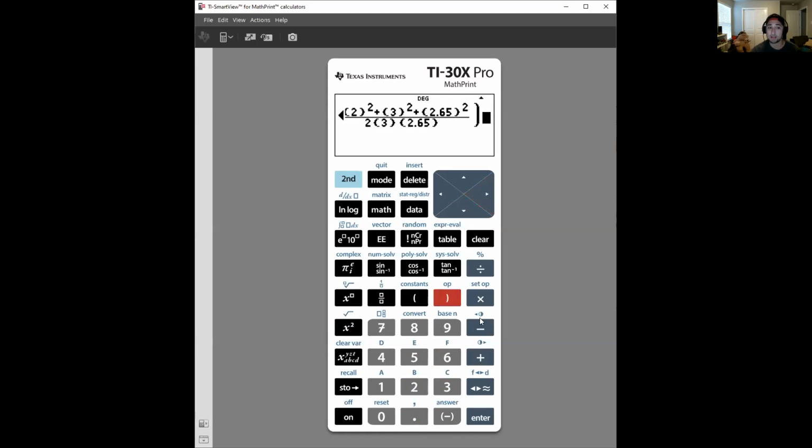That's how you type it in, exactly like I wrote it. If you mess up a parentheses, you might mess up the whole thing. And make sure you are in degrees. So we get that A is approximately 40.88.